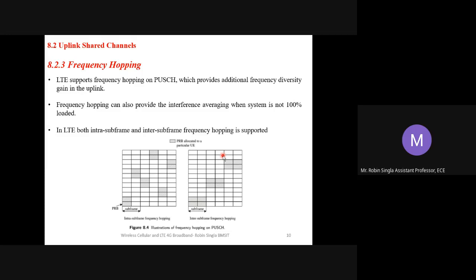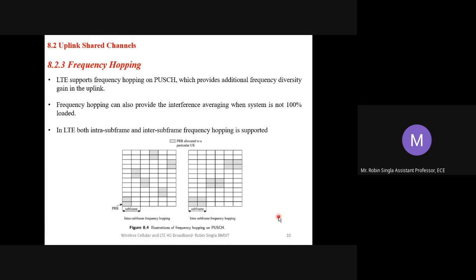In intra-subframe hopping, the user equipment hops to another frequency allocation from one slot to another within the same subframe. Higher layers determine if the hopping is inter-subframe or intra-subframe. In inter-subframe hopping, the frequency resource allocation changes from one subframe to another.